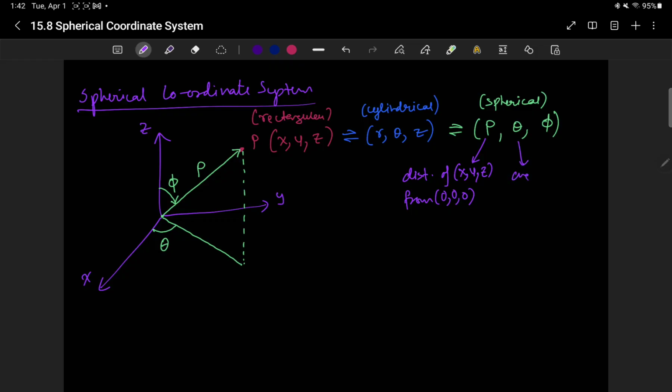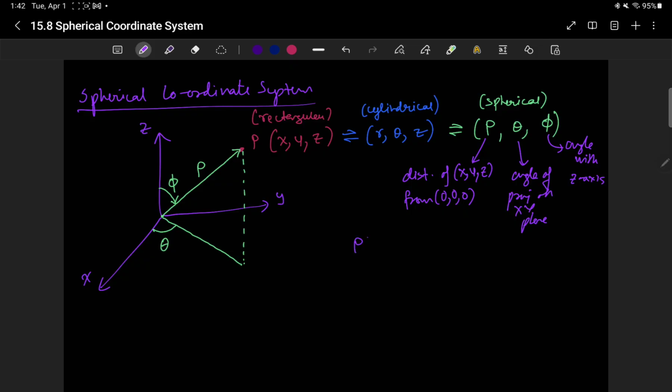Theta is the angle of projection on the xy plane, so same as cylindrical coordinates. And then phi is the angle made with the z-axis. And this is going to completely define a coordinate system.